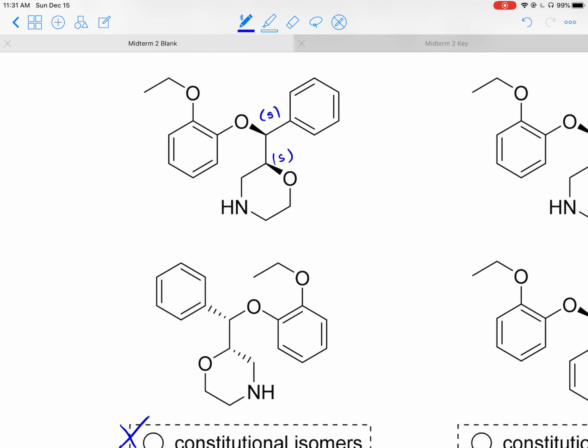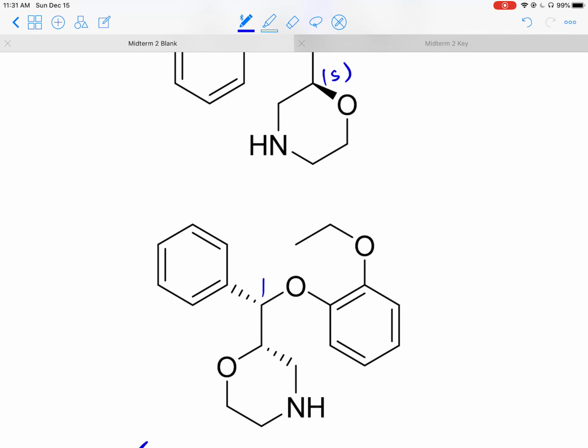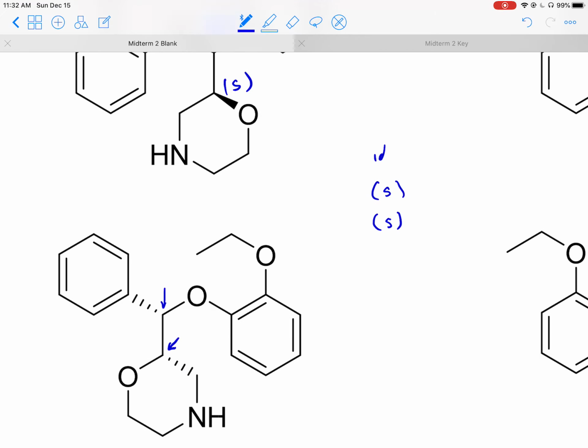So the easiest way to do this is to check the 2 stereocenters, here and here. If they are the same, then they'll both be S. That would be identical. If they're enantiomers, they're both going to be the opposite.